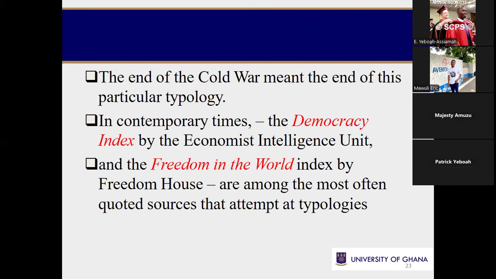Prof, I have a question. Please, I want to find out what is the difference between the Cold War typology and Wallerstein's world system. That is a very fantastic question. So it has some resemblance, okay? When you see Wallerstein, he talks about the 3 world systems, and clearly this has some connection with it.